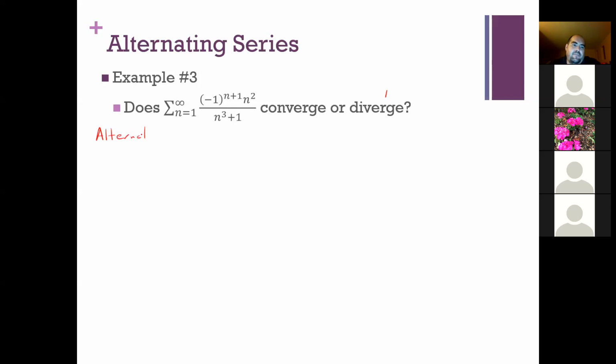Can I use the alternating series test? Let's start checking off the boxes. What's one of the conditions I need for the alternating series test? That b sub n is positive. Okay, so in this case, what is b sub n? N squared over 3n plus 1.